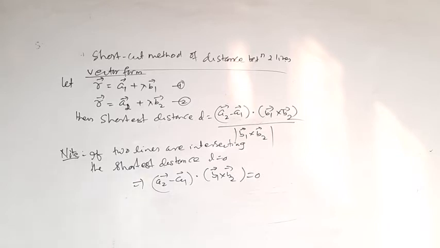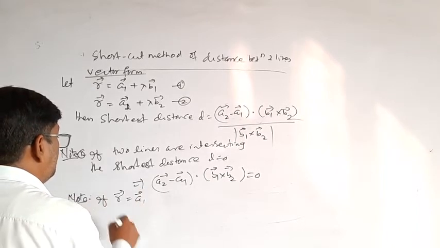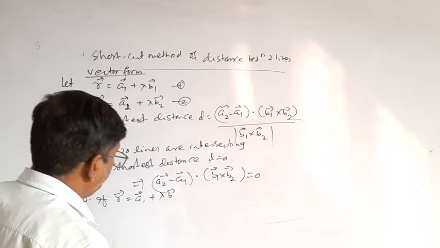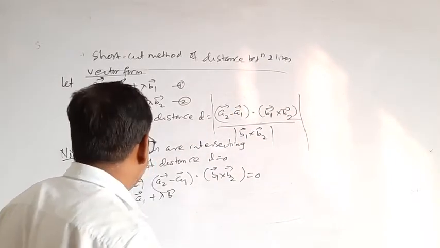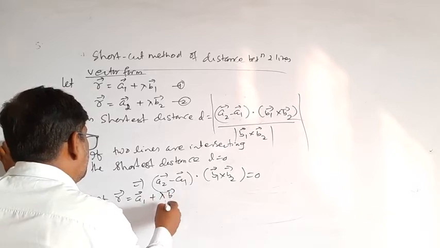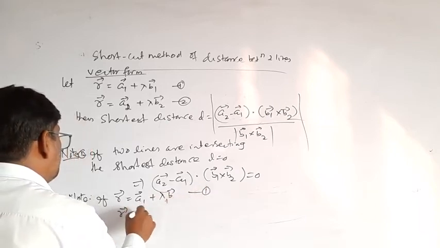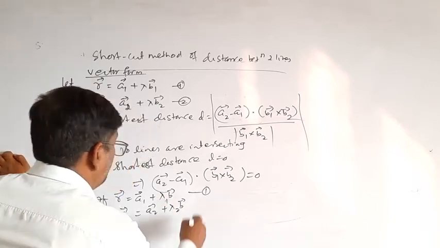Now note 2: if two lines are parallel, that is r = A1 + λ1 B and r = A2 + λ2 B, these are parallel lines.